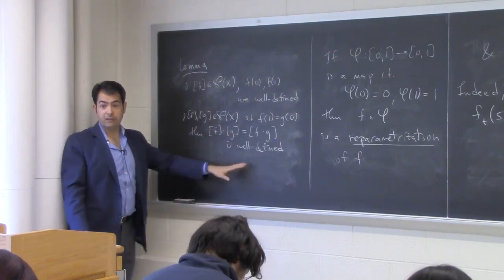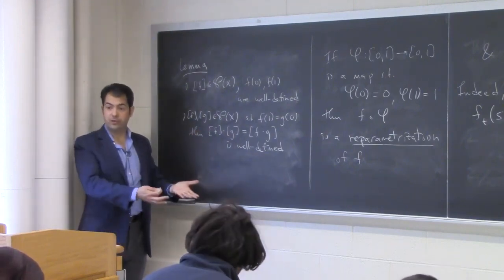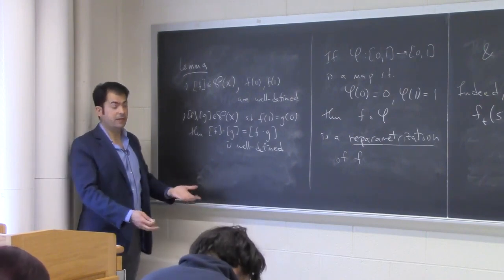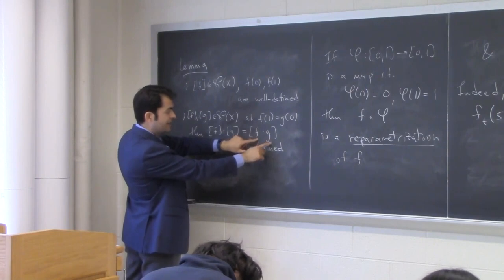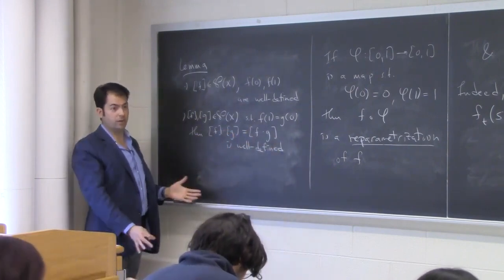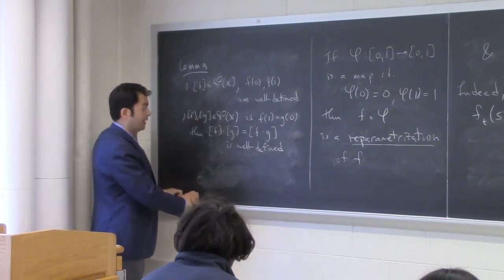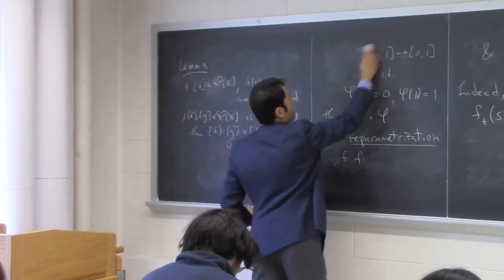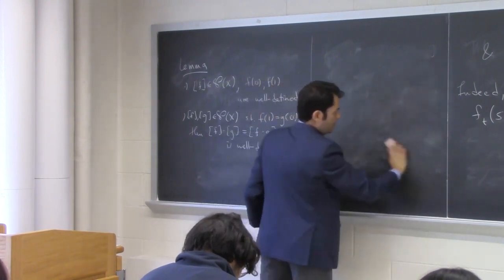Anytime we say well defined, it means we've made choices, but the result doesn't depend on them. Here the choice is picking representatives F and G, concatenating them, and taking the homotopy class. So you have a well-defined operation.